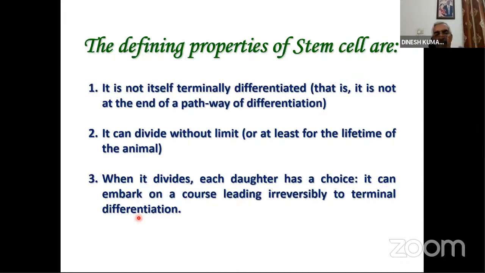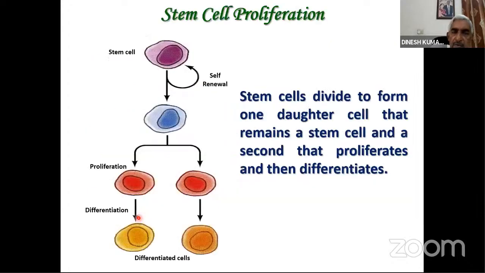It can divide without limit, and when it divides, it always forms a daughter cell that embarks on a course leading to irreversibly terminally differentiated cells. So here you can see this is the stem cell, and when it divides, it forms a stem cell and another cell which then proliferates and differentiates according to the nature of the stem cell.